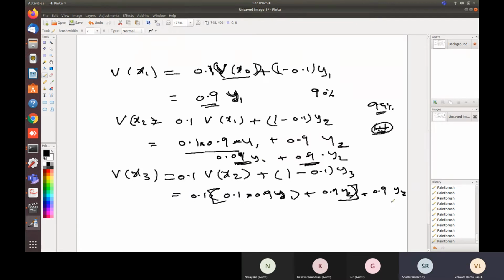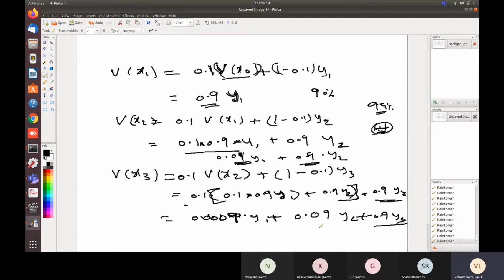Yes, sir, that's right. So here also 0.9 is taken, 90% from the current day. When you multiply this whole thing, it will become like this. 0.1 into 0.1 is 0.01, into 0.9 is 0.009 into y1, plus 0.09 into y2, plus 0.9 into y3.